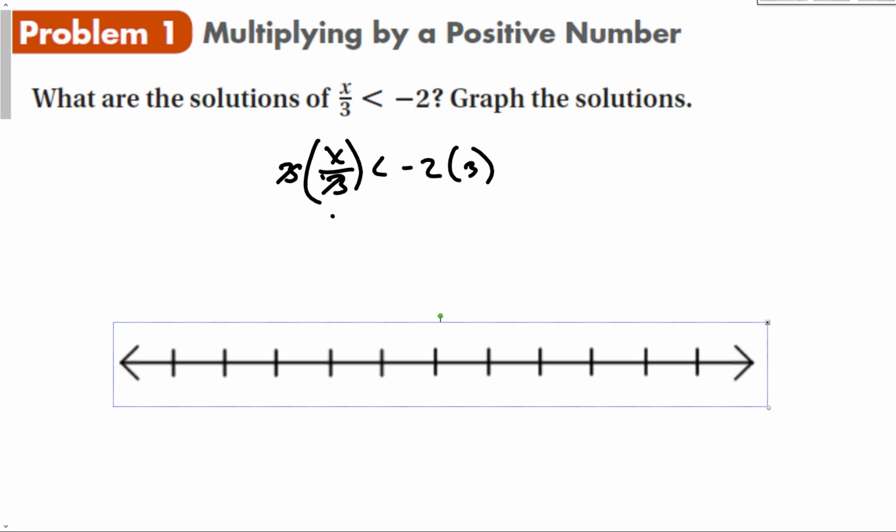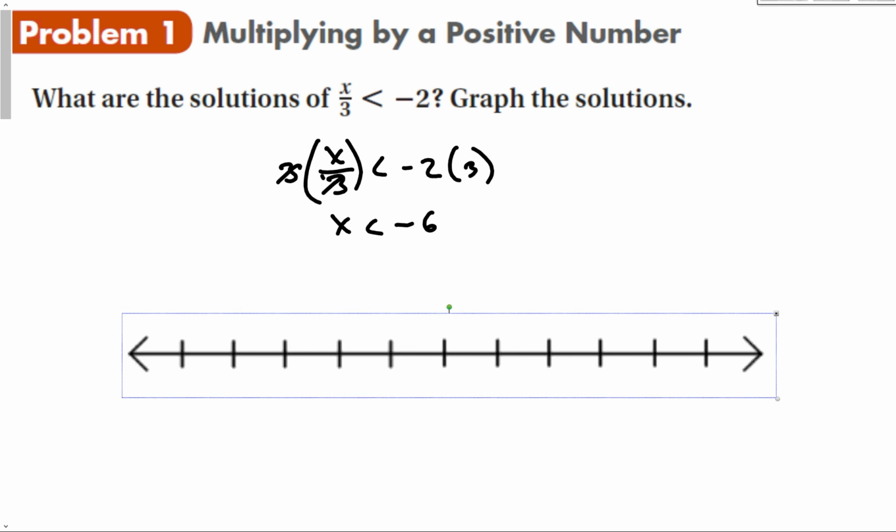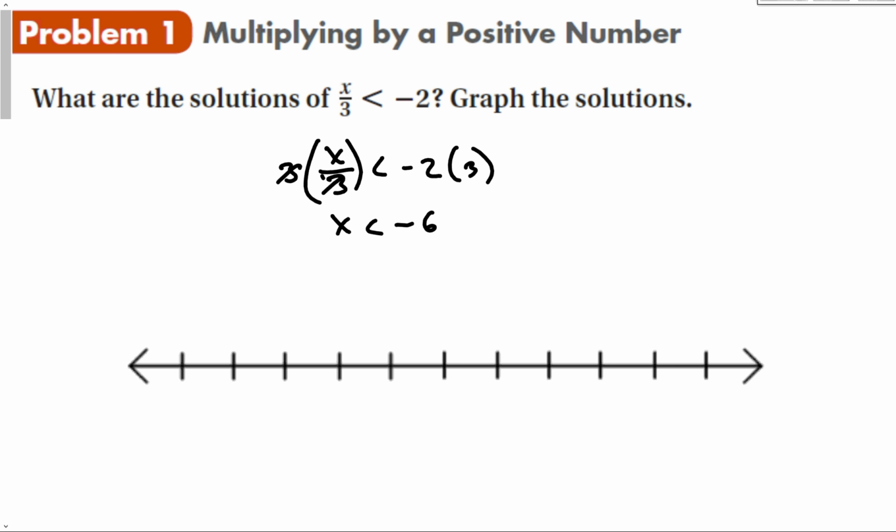Those cancel out, and I have that x is less than -6. So my inequality did not change signs. That's because I'm multiplying both sides by a positive number.